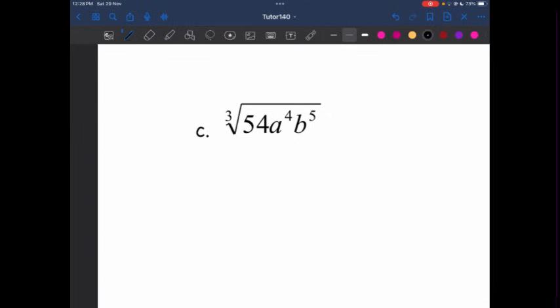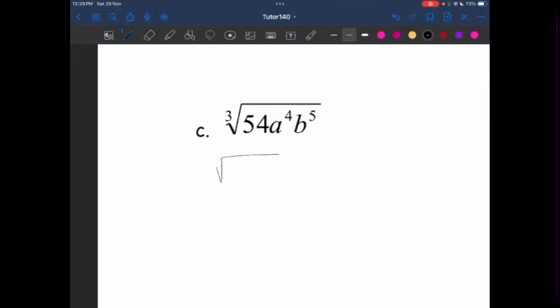What I do is just start dividing by perfect cubes. 8 is a perfect cube, so I divide 54 by 8. I don't get a whole number. 27 is a perfect cube, 3 times 3 times 3 is 27, so I could divide 54 by 27. That gives me 2.